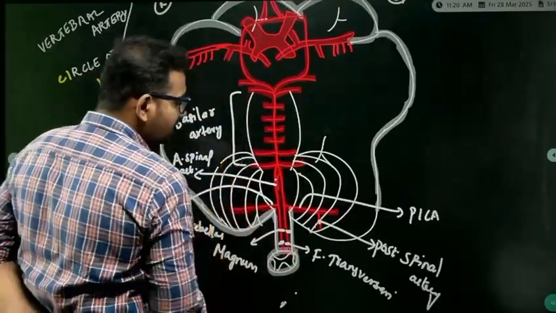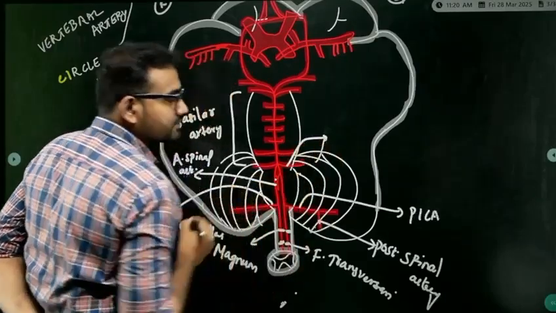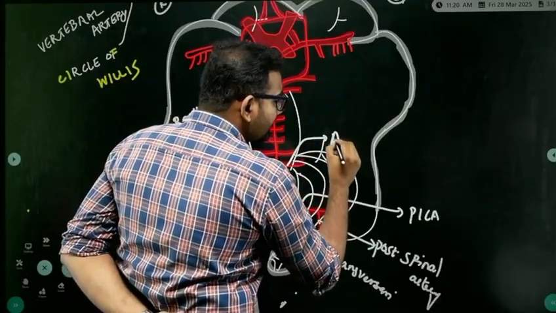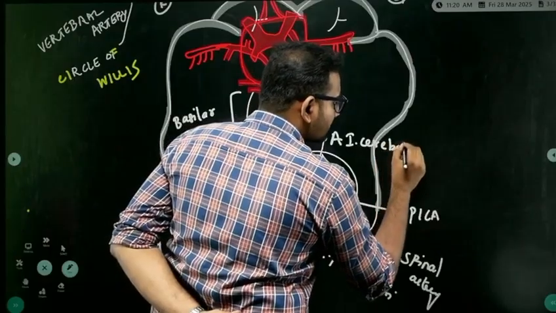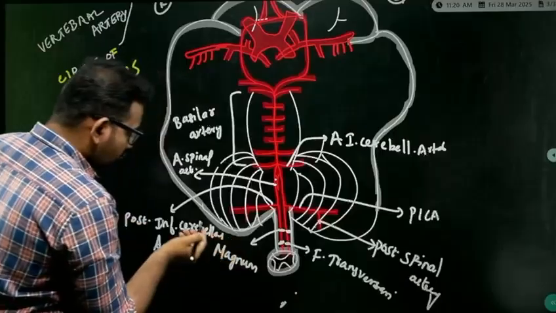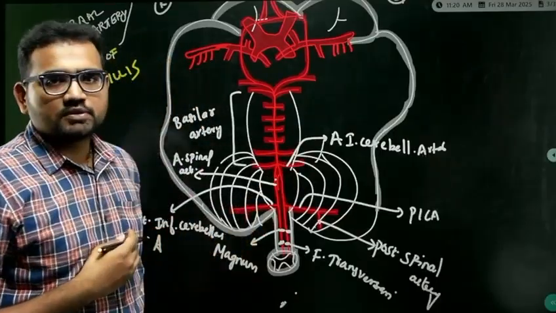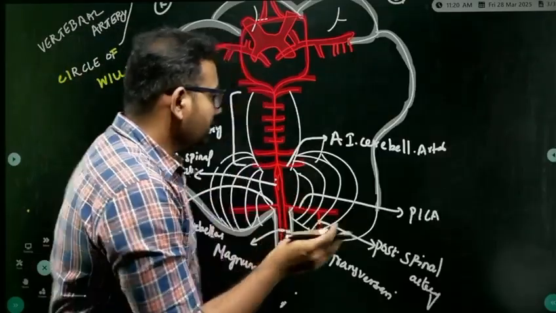The basilar artery gives off the first branch, which is called the anterior inferior cerebellar artery. Very easy. See, this is the posterior inferior cerebellar artery, and this is the anterior inferior cerebellar artery. So the basilar artery gives off the anterior inferior cerebellar artery.